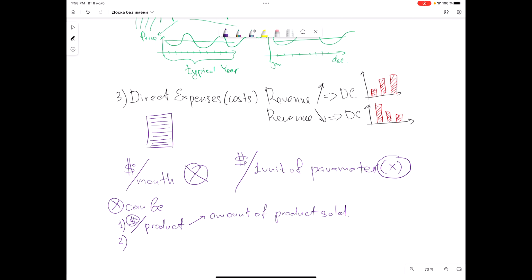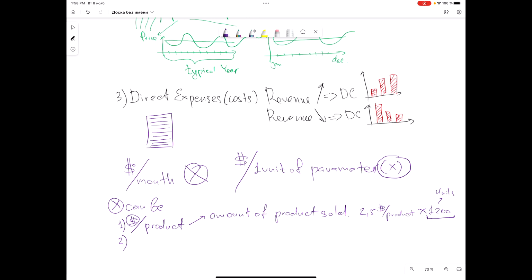For example, $2.5 per product multiplied by the amount of products sold, in units. So to calculate the direct expenses right, you have to calculate this value first, to prepare the base for direct expense calculation.